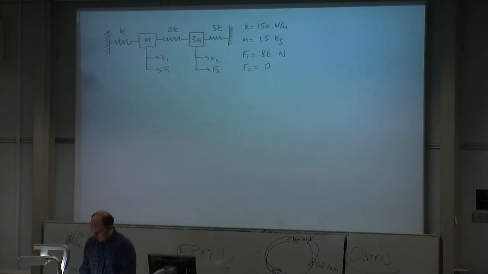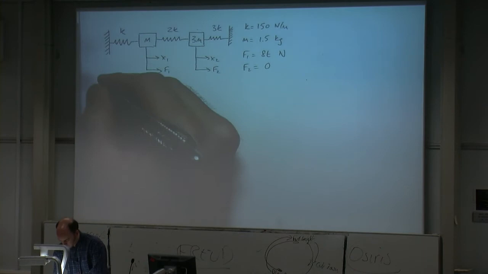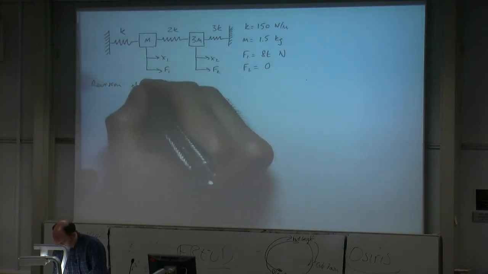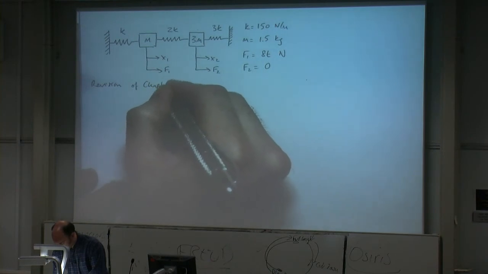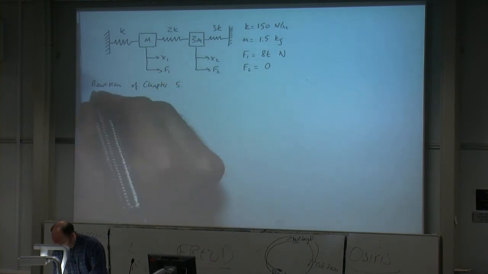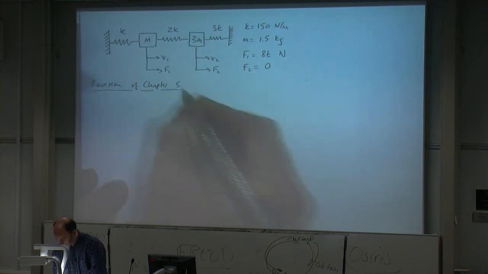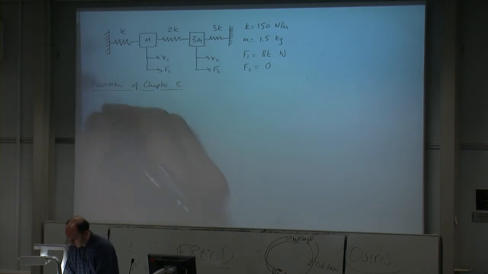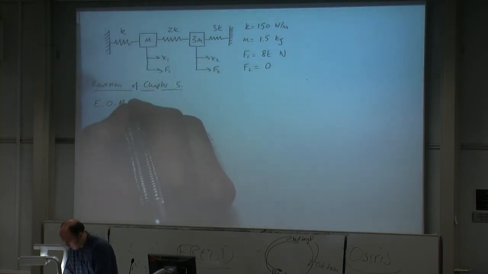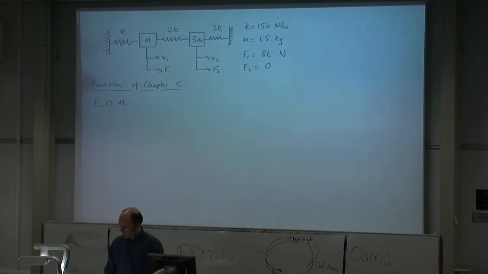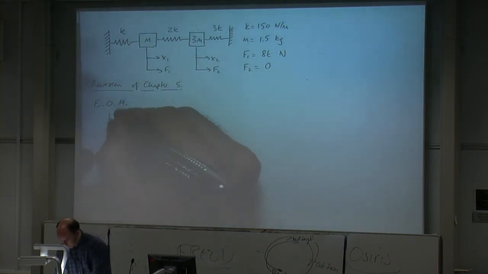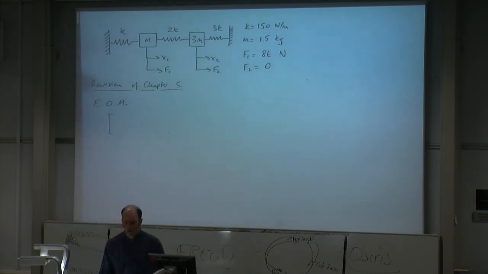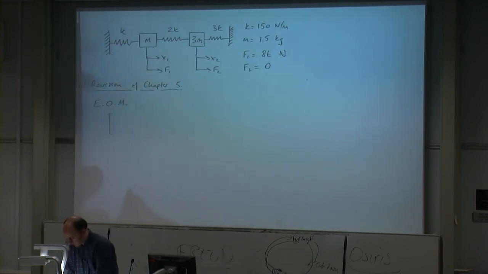So we have to go through the process. So this part is sort of revision of chapter 5. And the first step is to find the equation of motion. Okay, so we can use the quick method. And the quick method states that for a linear system, the mass matrix is simply the masses down the diagonal.